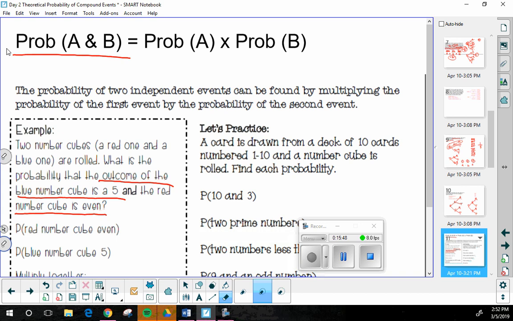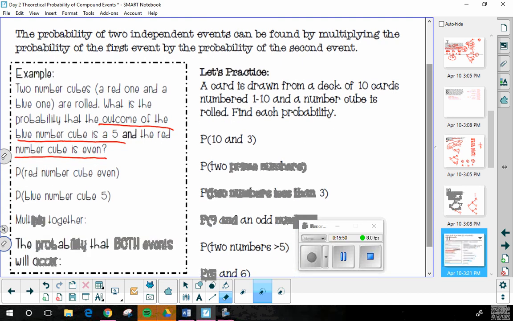The first thing I do is find the probability of the first event. The first event is getting an even number on a dice. What's the probability of getting an even number on a dice? It's 3/6, and we're going to simplify, so what is that? Now, remember that we're simplifying because that's going to come into play later. So we're going to put 1/2 right here. What's the probability that I roll a 5 on a dice?